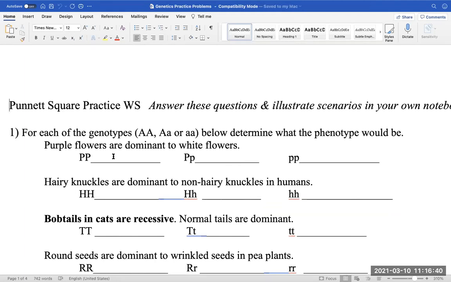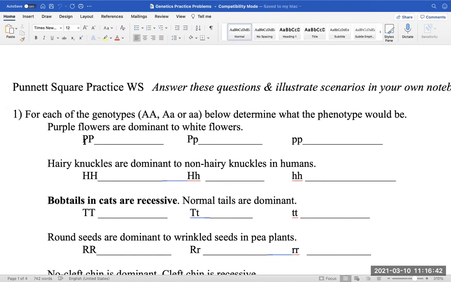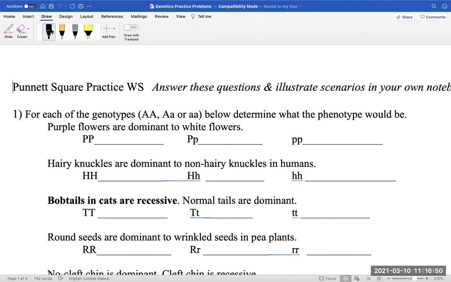So in this case, because it says purple flowers are dominant, that means big P is purple, and then little p is white.